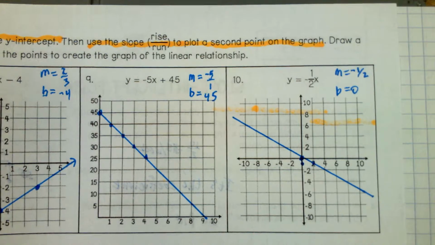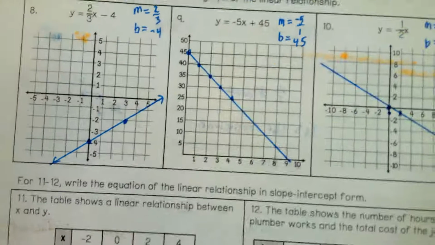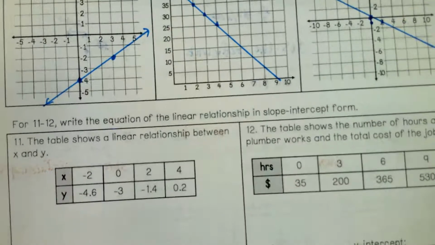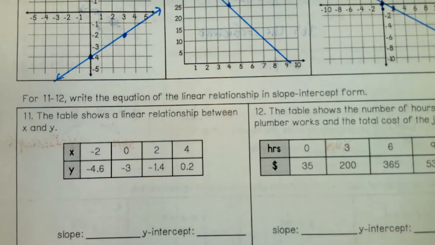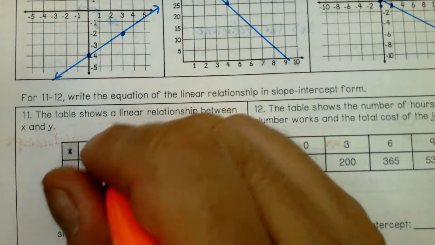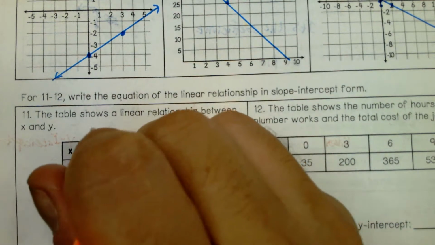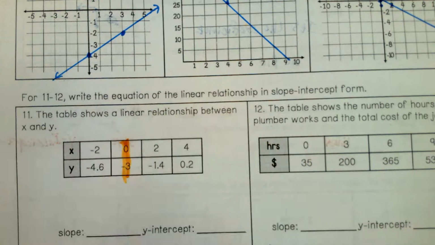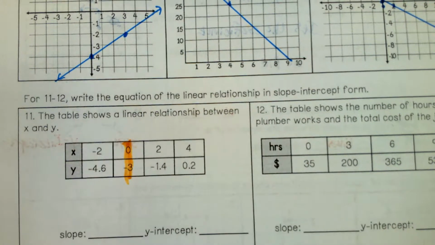All right. So let's try number 11, then you'll try 12. I'm going to highlight this particular point here. Why am I interested at x equals 0?